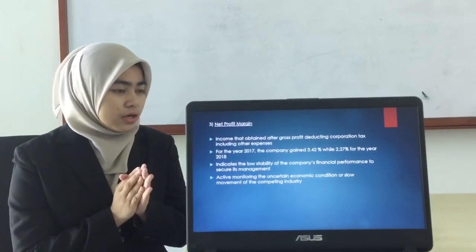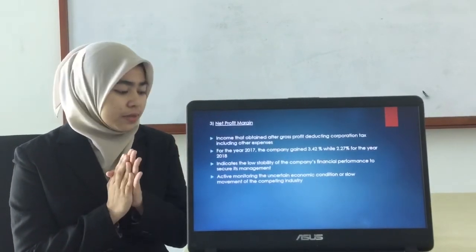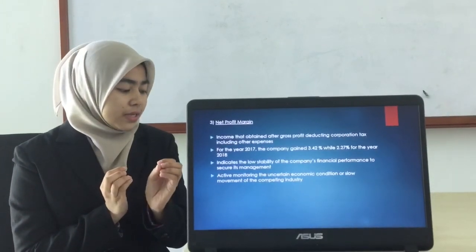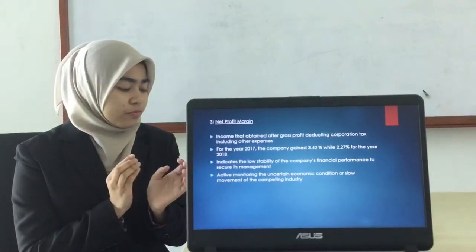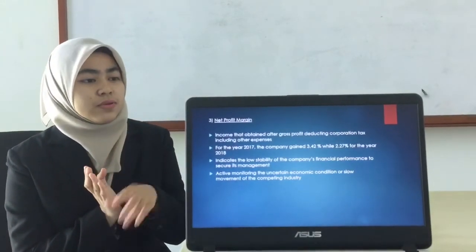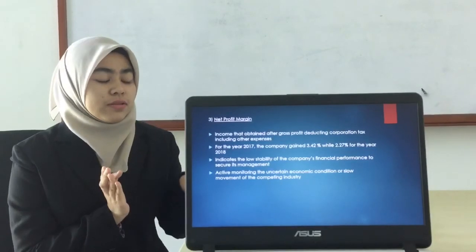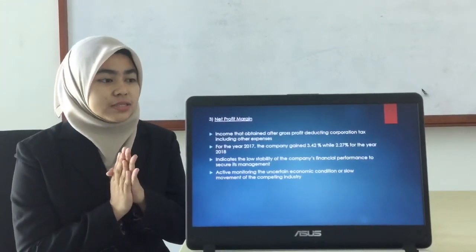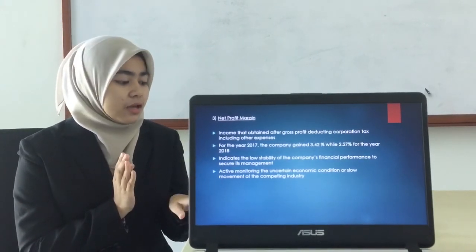The shareholder dividend can be determined through every RM1 earned, the company can gain about 3.42% for year 2017, and for the year 2018, about 2.27%.